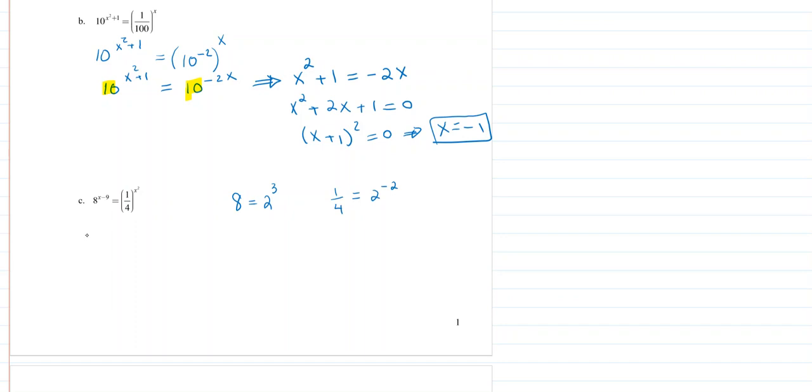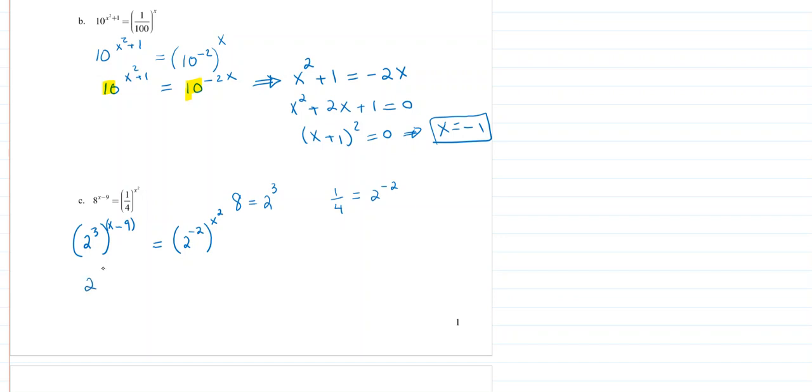I'll just write the left-hand side as 2 to the third, and then to the power x minus 9. This is more than one term also, so I'll put that in parentheses too. And then the 1/4 is 2 to the negative 2, and then that to the power x squared. We'll use the property of exponents that says when you have a power of a power, you multiply the powers.